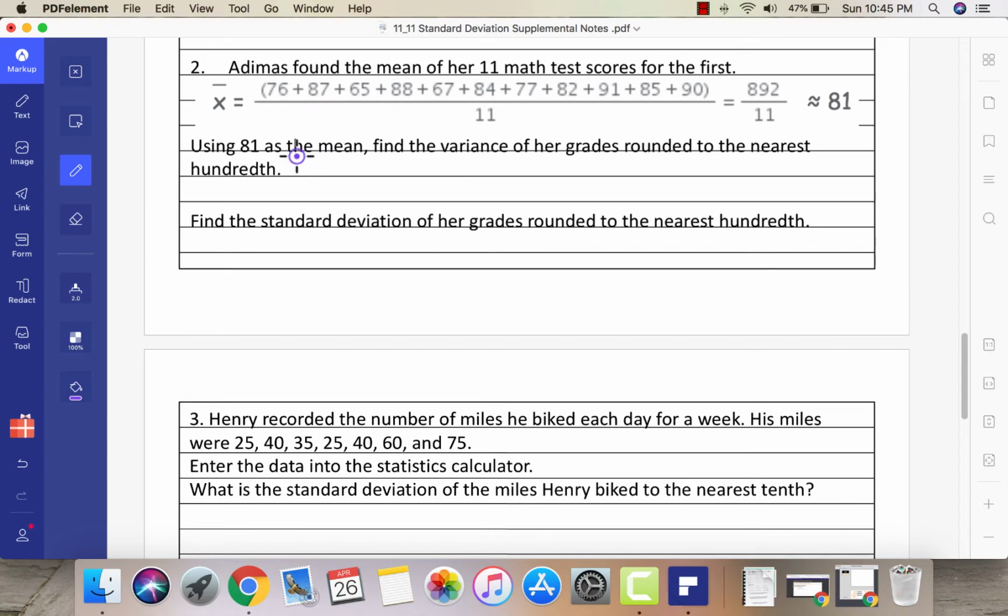So what I'm going to do is take each data point. I'm going to take 76 and subtract the mean, which is 81. And then we're going to take that number and square it. Then I'm going to add that to the next value, and keep repeating that process.